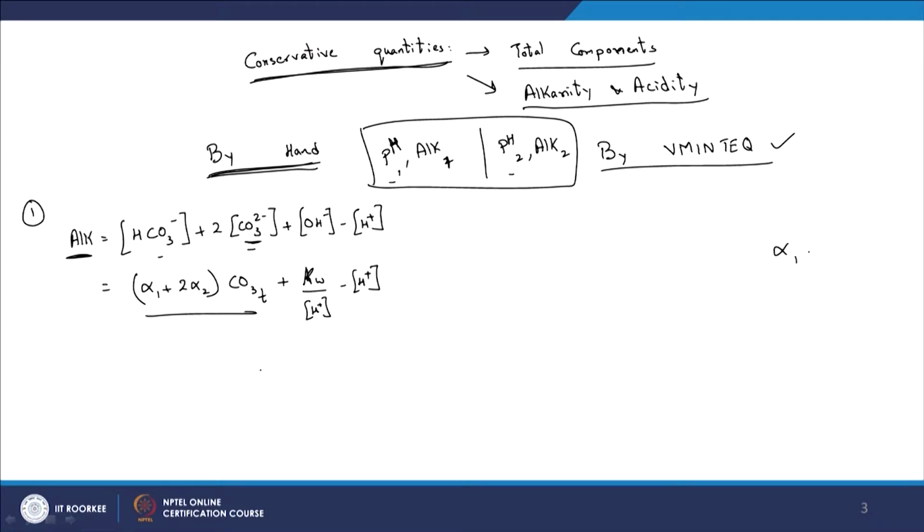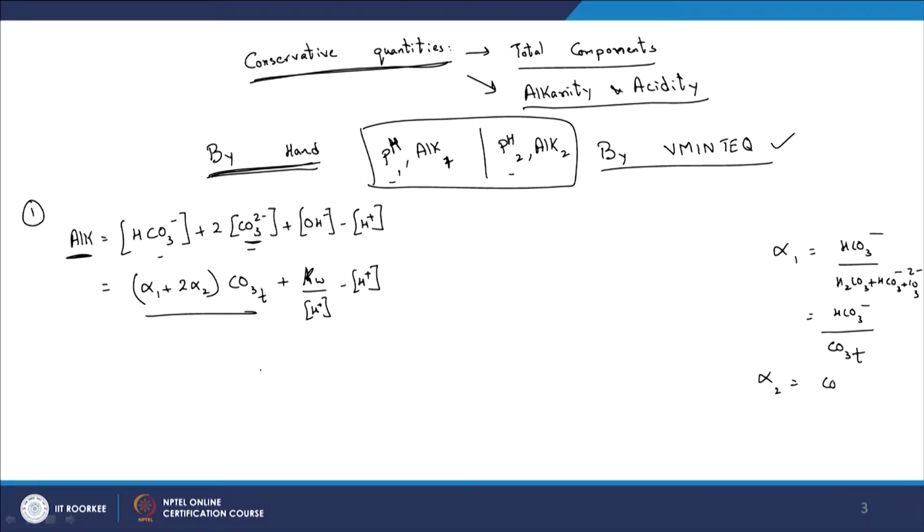Ionization fraction alpha 1, what would that be equal to? HCO3 minus divided by H2CO3 plus HCO3 minus plus CO3 2 minus, right. That's nothing but HCO3 minus divided by what is this denominator? It's nothing but CO3 total, right. And similarly, what is alpha 2?